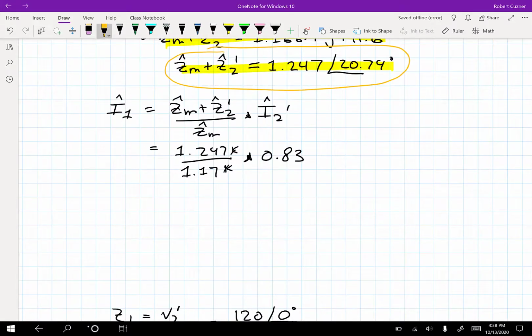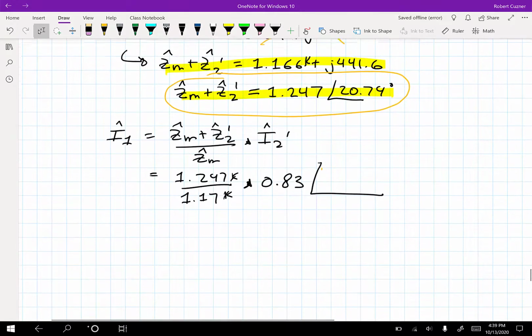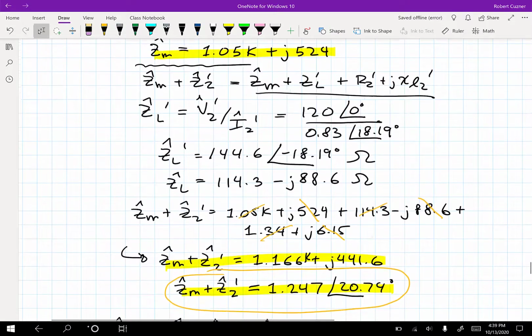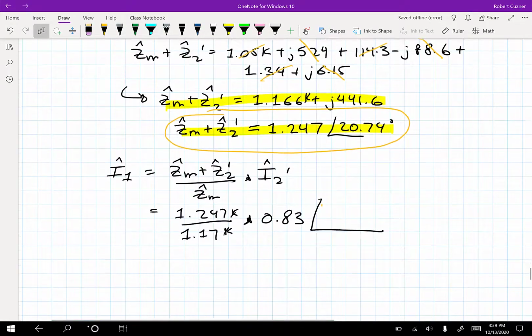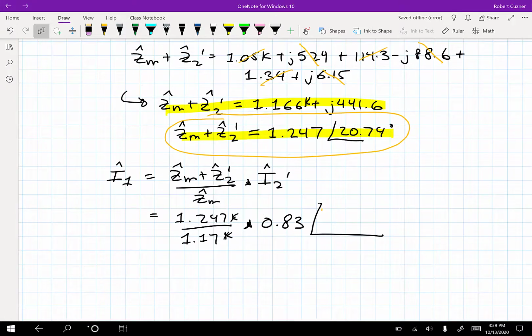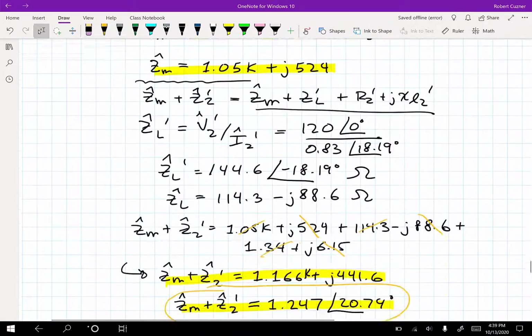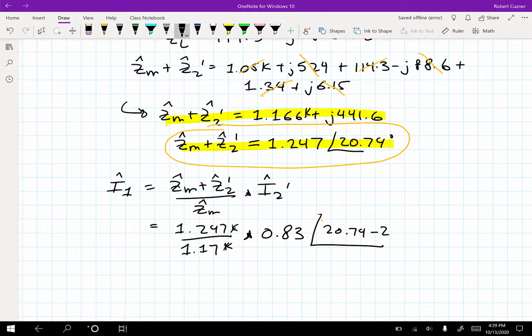What about the angle? So I've got the angle of ZM plus Z2 prime here. That's on top, 20.74. I'm going to subtract the angle of ZM, which is 26.6.